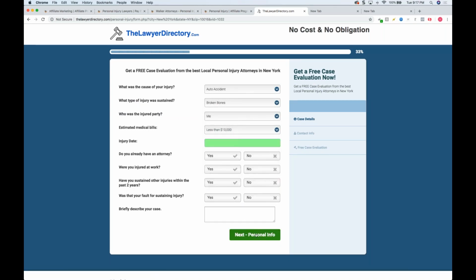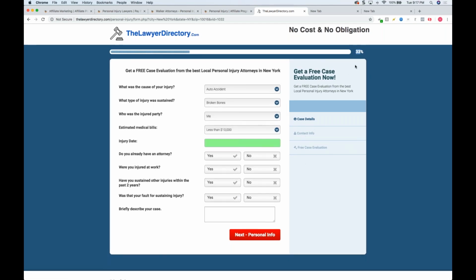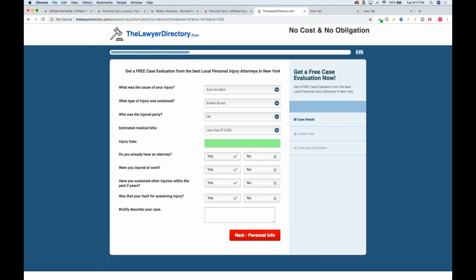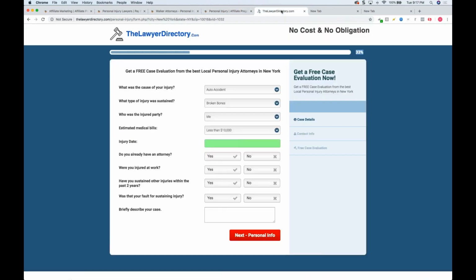And then you get to your personal information, contact info, and then you're going to get to a free case eval. And again, you're at 33%. So this tells you this is a 3-part form, and only after all 3 parts to 100% are completed would you be compensated for that $10 lead, right? So it's really important for you to understand the conversion events for each one of your offers.